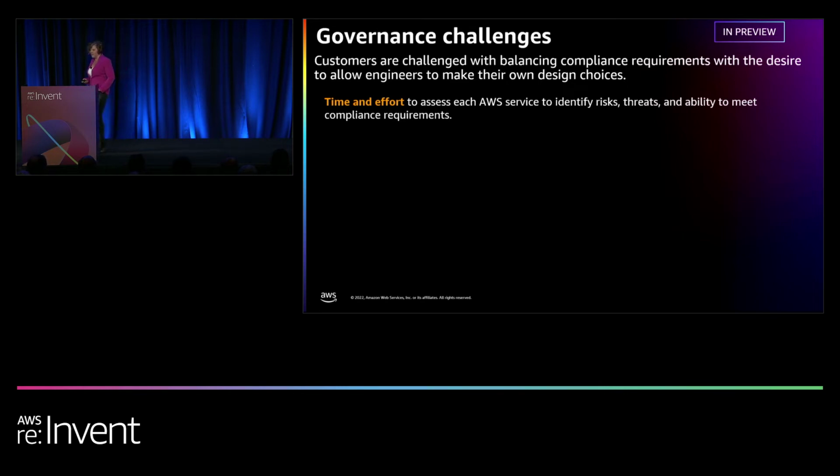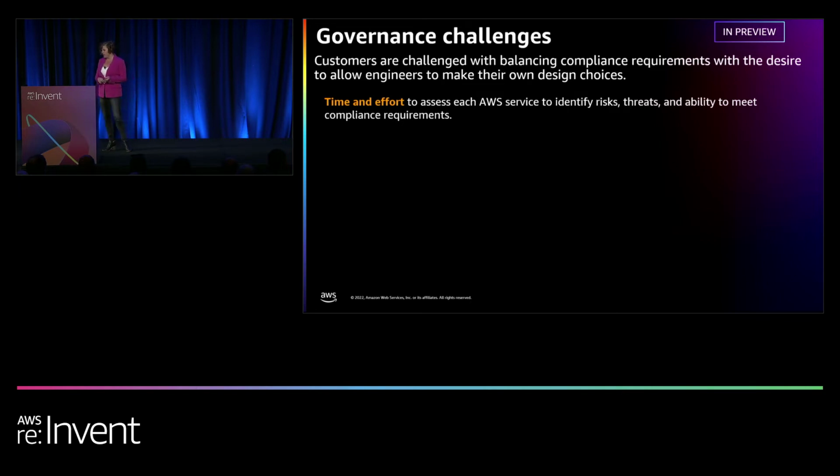I don't think many of you have infinite resources, so you probably don't have a bunch of time and resources to throw at controls, to throw at governance overall. You need it to be simple. You need to hopefully have somebody to share that heavy burden with. But really, it's the time and effort that customers take to do a risk assessment on every AWS service.